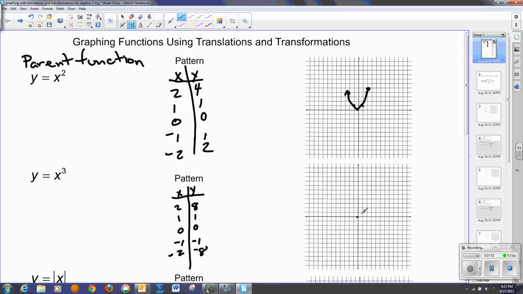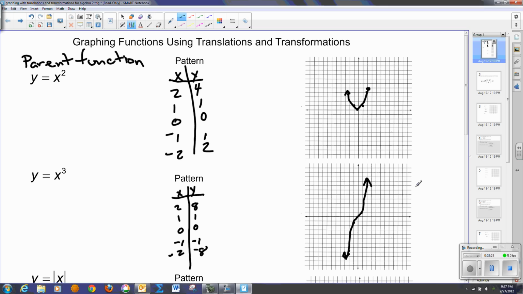There's my (0, 0), my (1, 1), and (2, 8). And this graph looks very similar to this, but it rises a lot quicker.